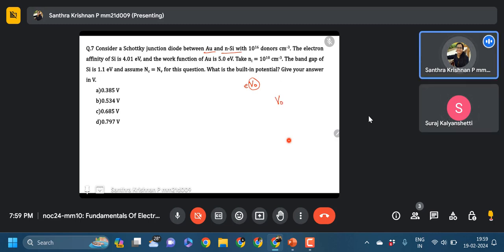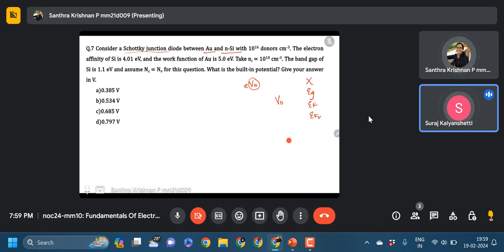Here you can't use the equation that you used before, because that was based on Ni, Nd, Np and all those things. So here it's a Schottky junction. First you will have to draw the junction, and then using psi, Eg, Ef, Efn, all those things, you have to find this.